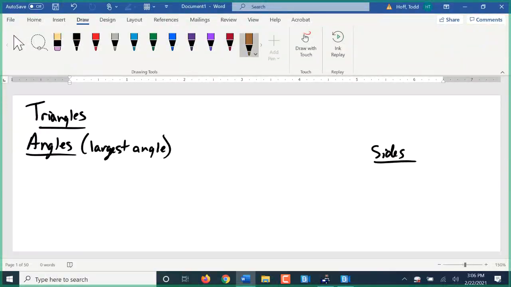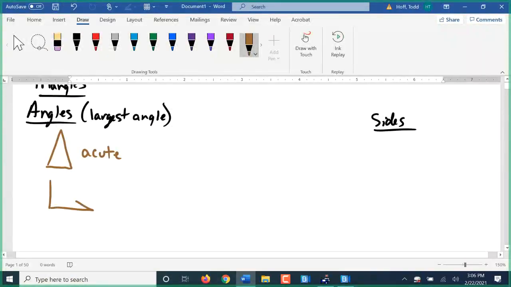If we refer to triangles by their angles, we can start out with a triangle that looks something like this. All of those angles are less than 90 degrees. Those are called acute. So the largest angle in that triangle is still an acute angle, so it would be an acute triangle.